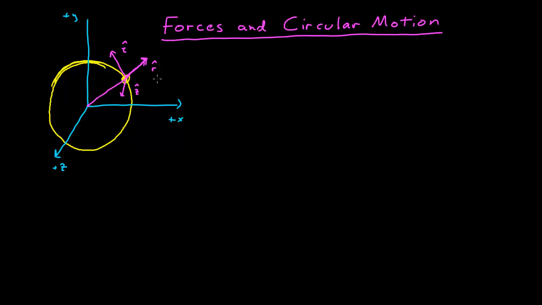Using these new unit vectors, radial and tangent to the circle at each point on the circle, I can establish the relationships between my position and velocity that look like this. My radius is equal to some constant r, and that points along the radial unit vector. My velocity has a component which I call the tangential velocity that's always tangent to the circle.